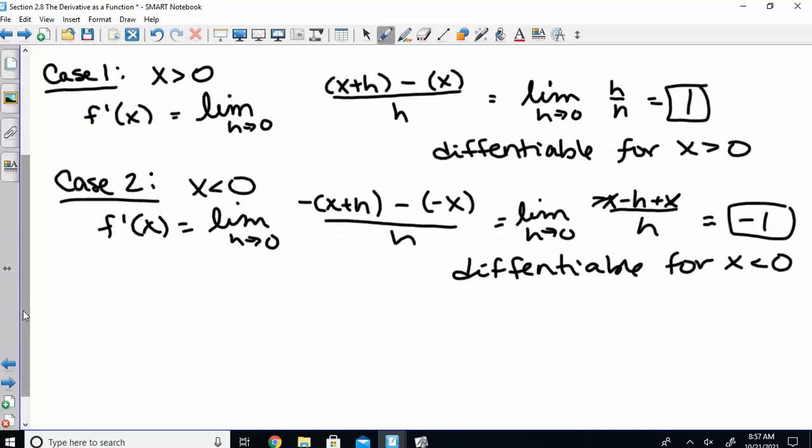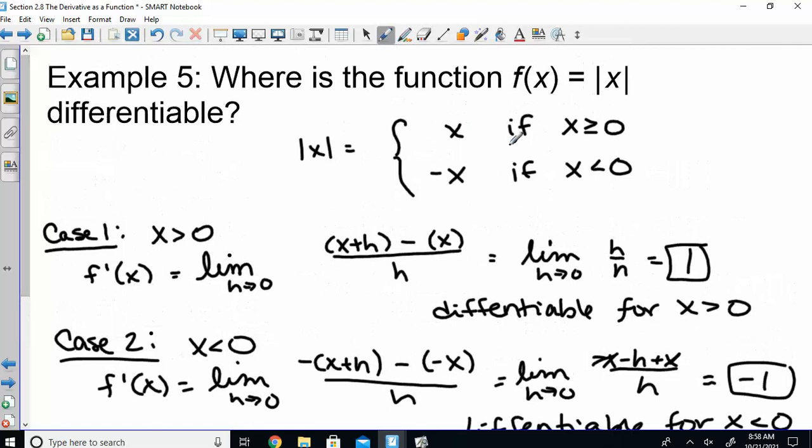Okay, but here's the thing. What about 0? Because technically, if you're thinking about the piecewise, shouldn't 0, if I included 0 with my first case, I would get the limit equals 1. Couldn't you just as easily have said that the absolute value is equal to negative x if x is less than or equal to 0?